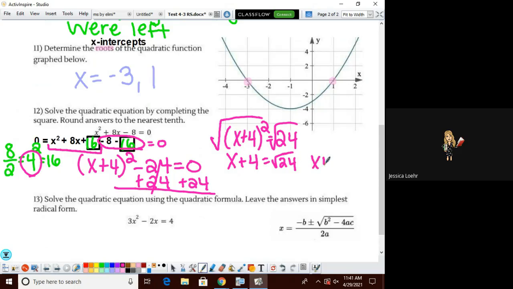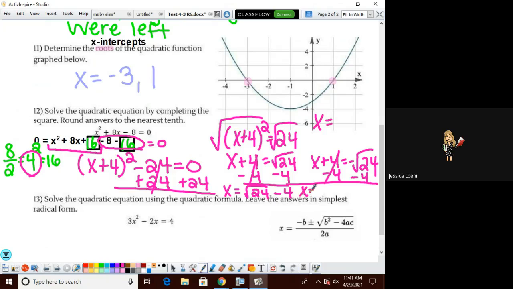Also, x plus 4 equals negative radical 24 because there's a positive answer and a negative answer. From there, you're subtracting 4 on both sides for both equations. So your answer is x equals rad 24 minus 4 and negative rad 24 minus 4.